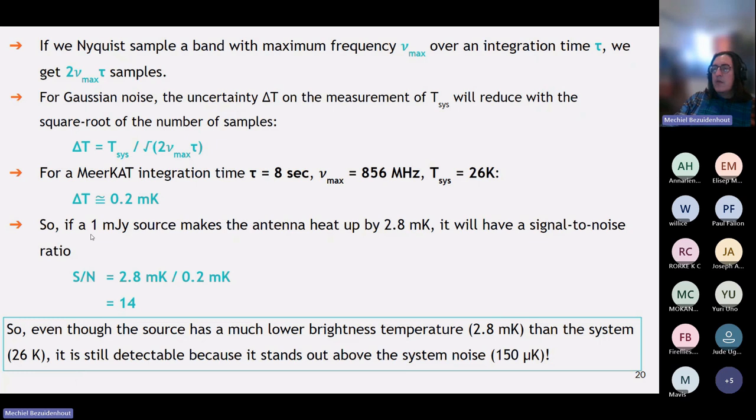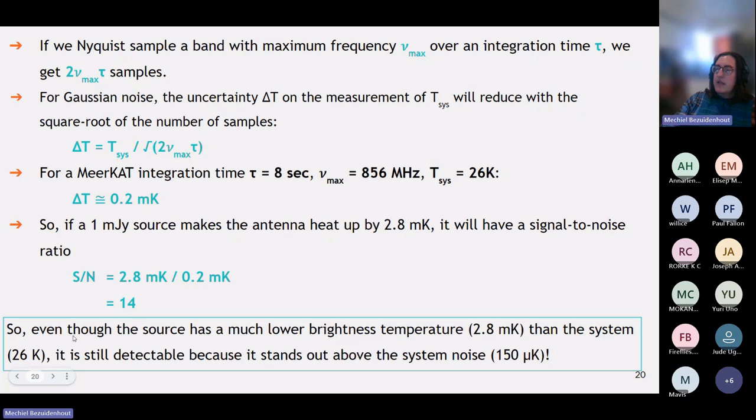So remember, because the gain is 2.8 Kelvin per Jansky, a 1 millijansky source in the antenna heats it up by 2.8 millikelvin. And so a 1 millijansky source will have a signal to noise ratio given by that 2.8 millikelvin divided by the 0.2 millikelvin, which gives you a signal to noise ratio of 14.